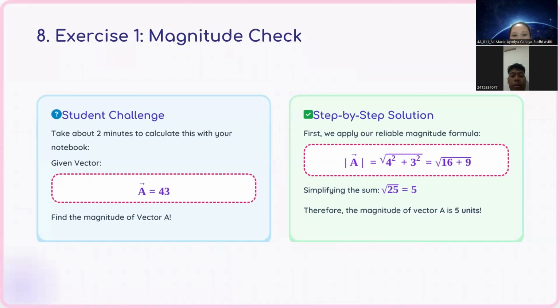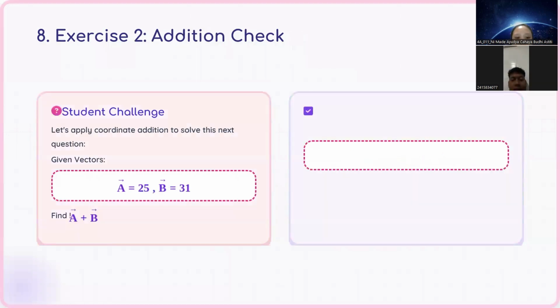Okay, excellent work, Wahyu. So now for question number 2, given vector A equals 2, 5 and vector B equals 3, 1. Find vector A plus vector B. Alright, time's up.